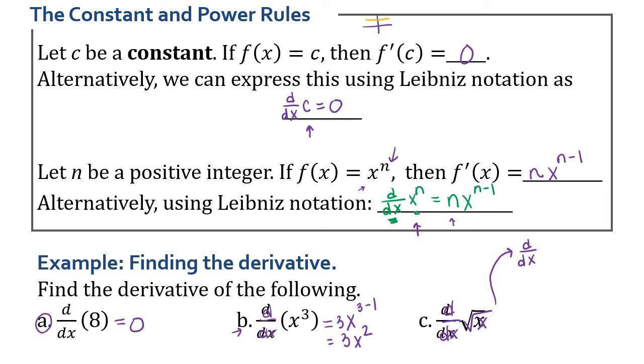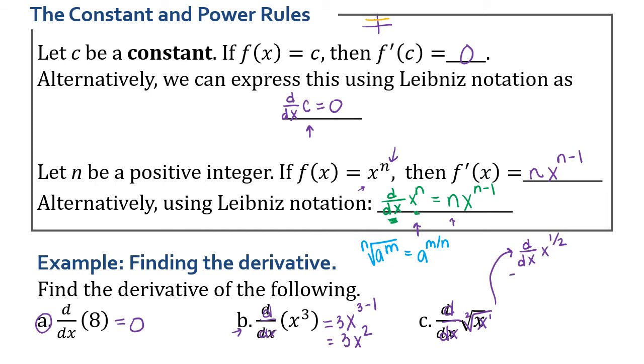Remember, I can rewrite square roots using the rational exponent rule: a to the m over n is the same thing as taking the nth root of a to the m power. So I can take a radical and write it as a rational exponent. This is the same thing as x to the first power, and you're taking the square root, so I could rewrite this as x to the 1/2.